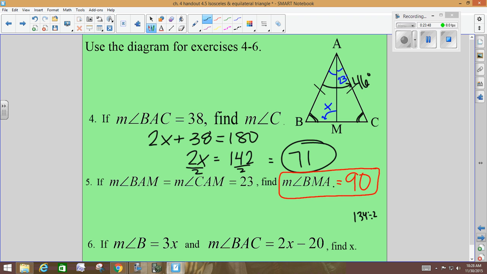What is that? 68? No. 67? Yes. Each of these would be 67. And then you can use your triangle sum theorem again. 23 plus 67 plus x would equal 180. So you don't have to know that theorem. You would just have to use isosceles triangles and the triangle sum theorem a couple times.